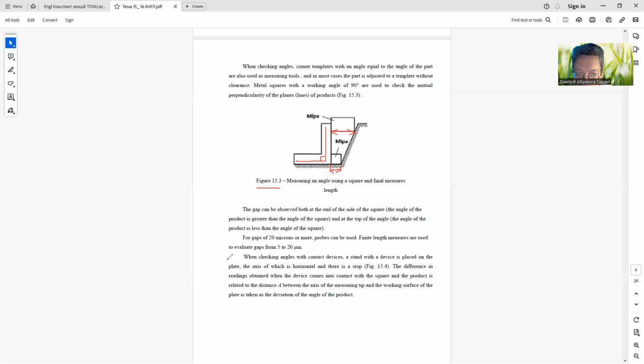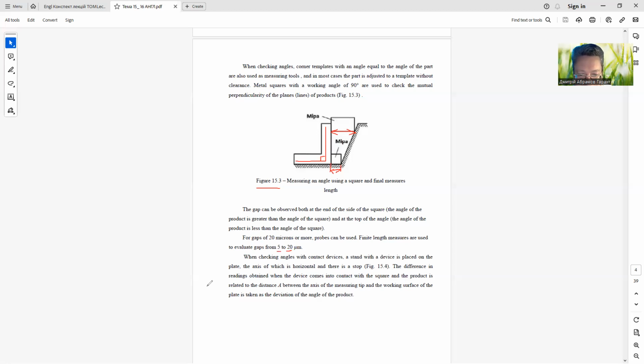For clearances or gaps of 20 microns or more, probes can be used. Finite length measures are used to evaluate clearances from 5 to 20 micrometers.